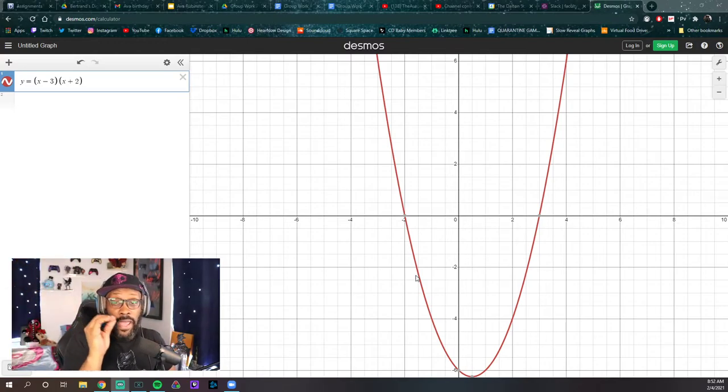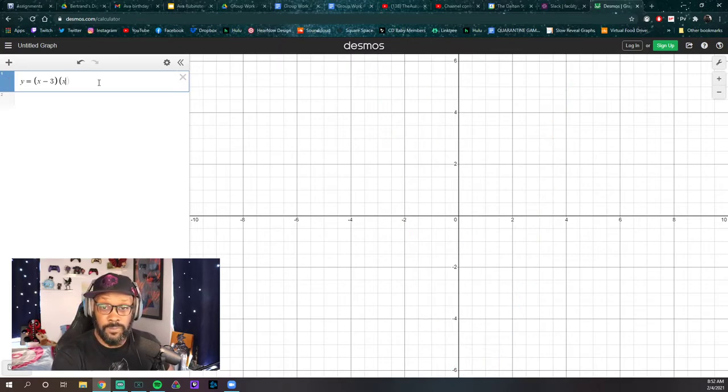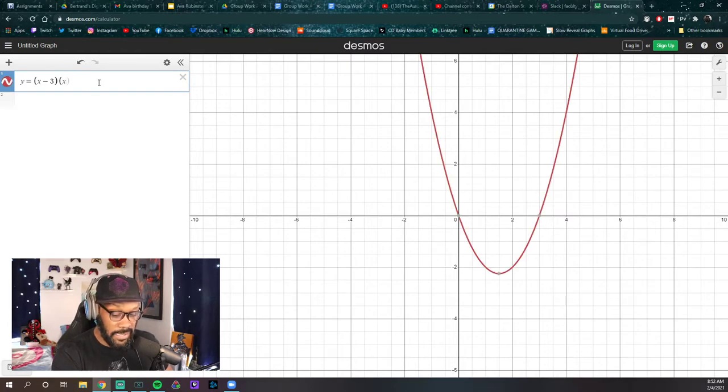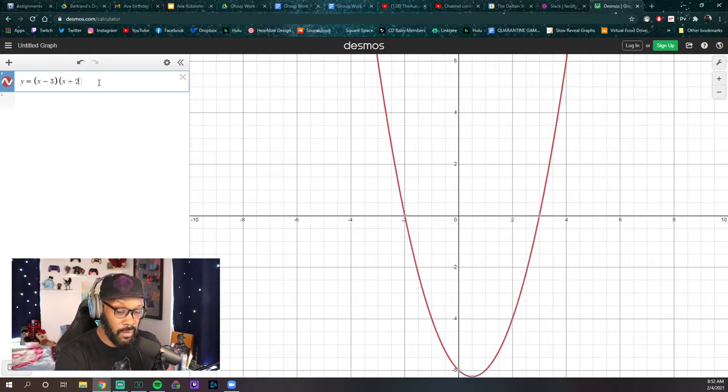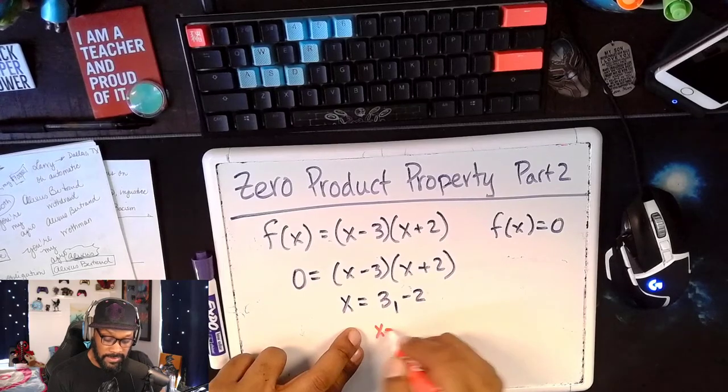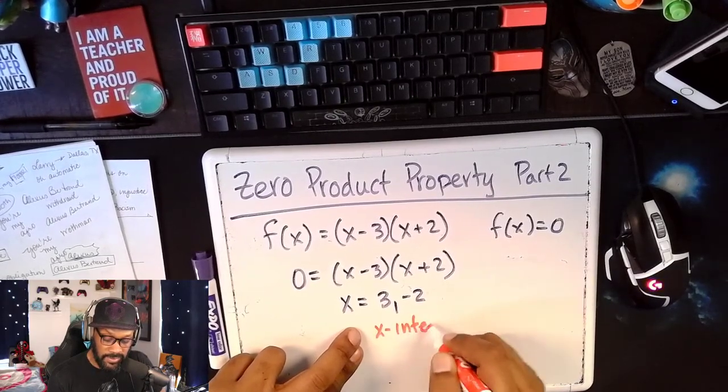When you do x plus 3, that's a line. But anytime you enter in something with an x squared, it turns it into a curve. And so going back here, I want us to know that these are x-intercepts.